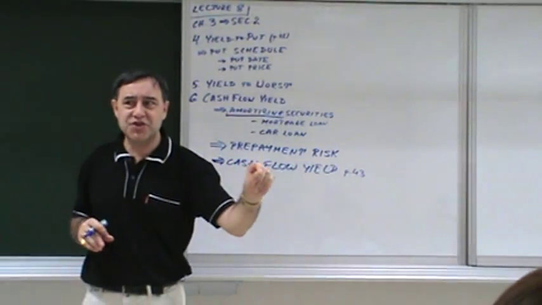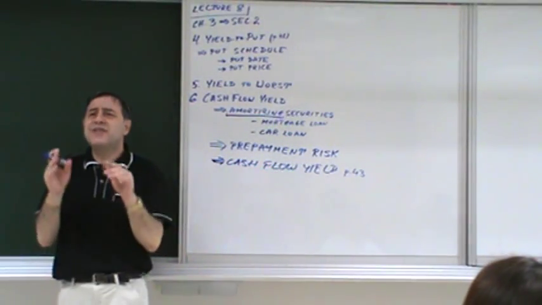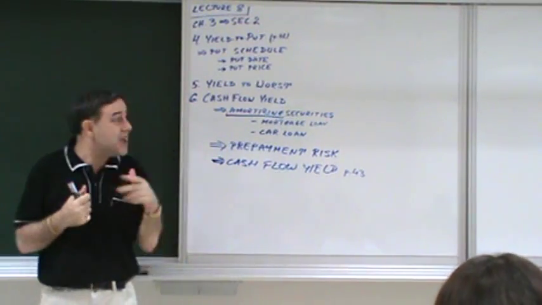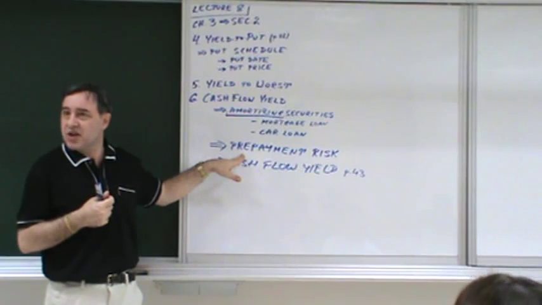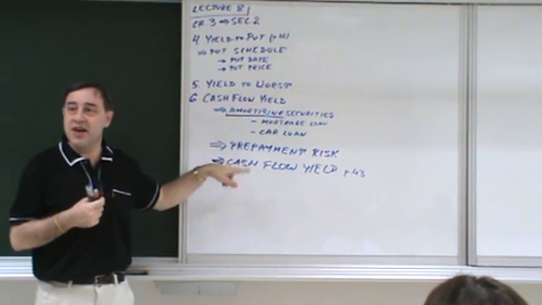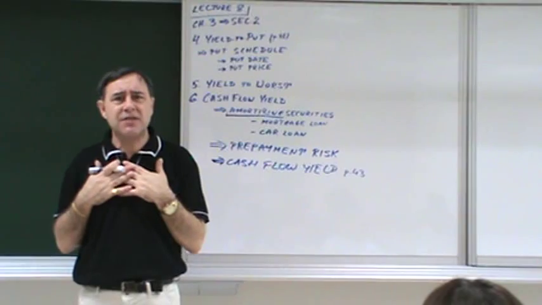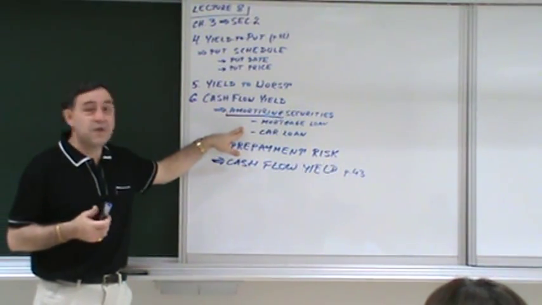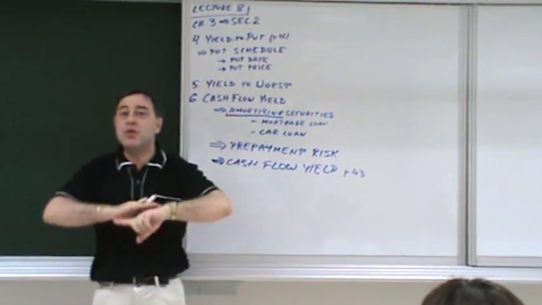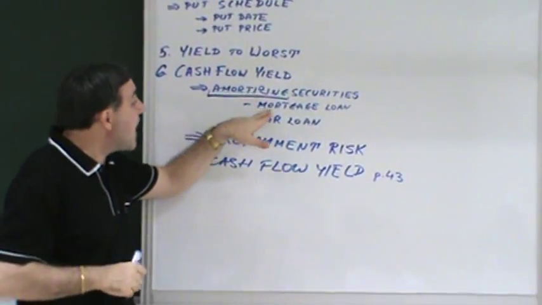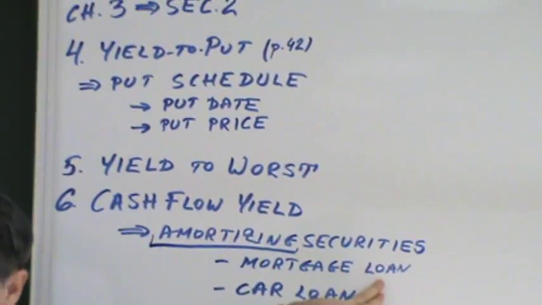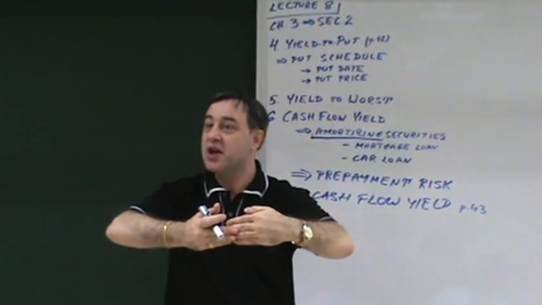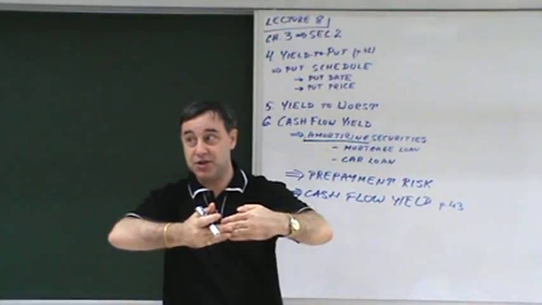And now here's the question you're going to be asking: how could they ever possibly know if I'm going to prepay 2 years early, or 3 years early, or 1 year early, or I might not prepay? And the answer is diversification. They will have 1,000 mortgage loans pooled together in what we call an asset-backed security.